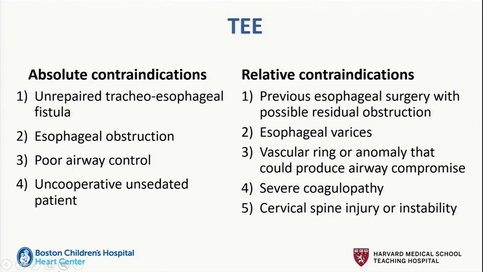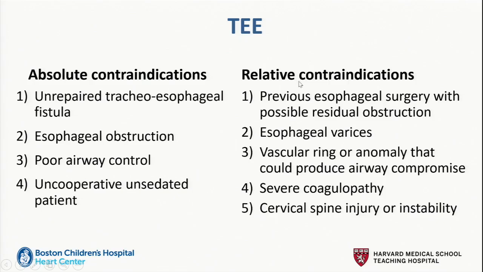Poor airway control is the idea that if your patient has a marginal respiratory status, sticking something else in the oropharynx that can potentially compromise or compress the airway is not a good idea. And then uncooperative, unsedated patient, if the patient's thrashing around with this tube down their esophagus, that's not a safe situation. So you need to have the patient at least have some measure of cooperation or be sedated in order to do this.